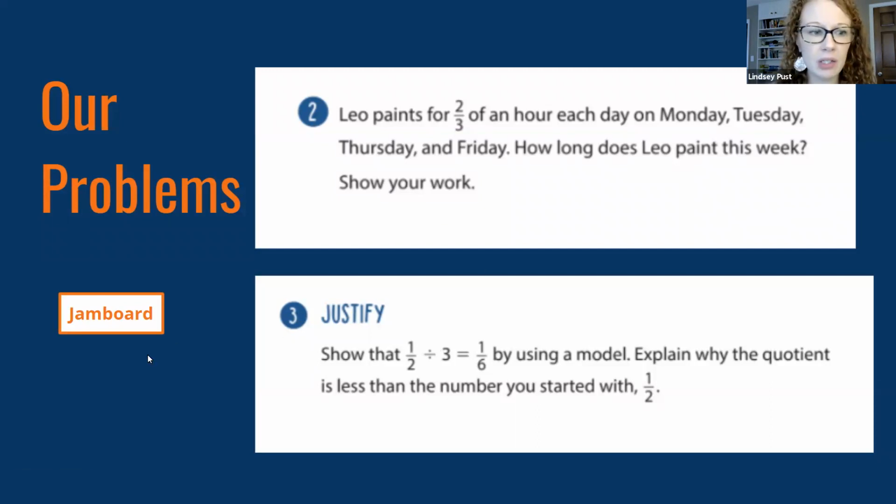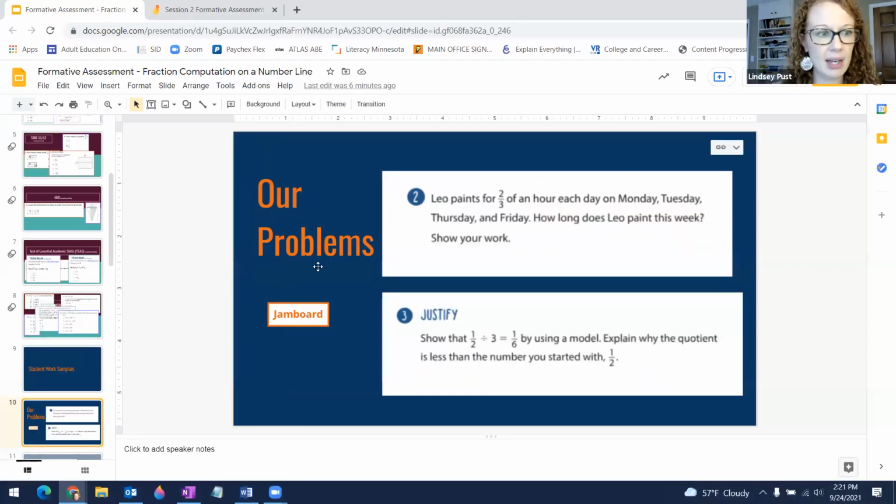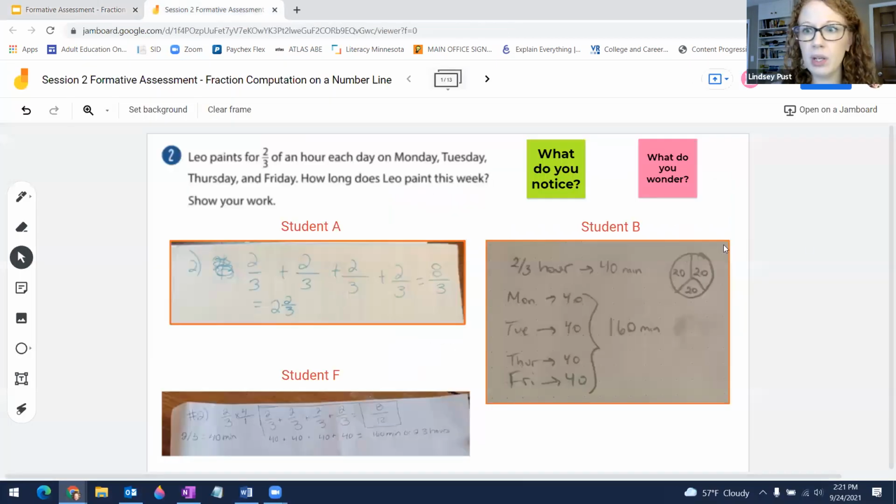But these are the ones we're going to look at, and we have some sample work. So Amber is going to put a link to the Jamboard in the chat, and we will move our conversation to that space for the remainder of the time we have together.